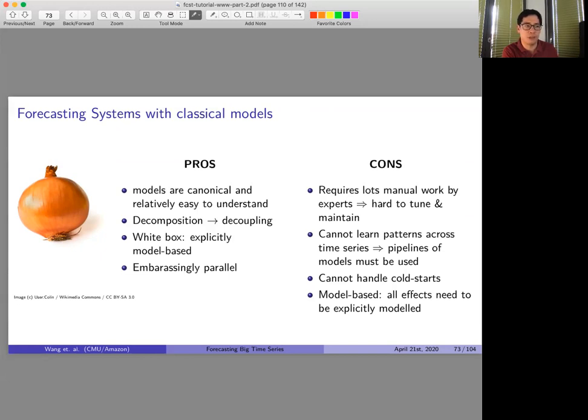And this can be important in the scenarios I mentioned earlier, promotional lifts or cold starts. And this means that we have to then have a pipeline of models. Cold start I mentioned already, and then because we are in a white box setting and everything is model-based, it also means that we have to model everything. Otherwise, we won't be able to see those effects.